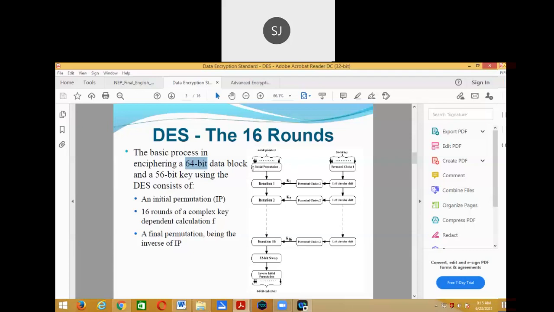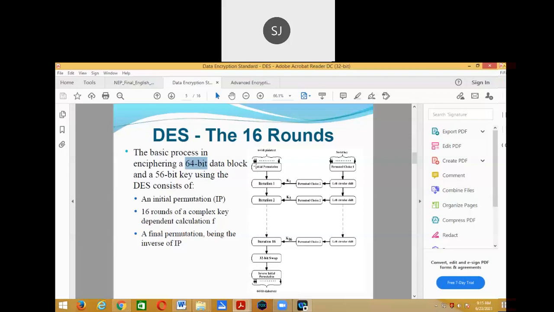Like that, the bits are exchanged. That is the initial permutation. One thing you remember: whatever permutation you do here, the inverse permutation you will be doing at the end.